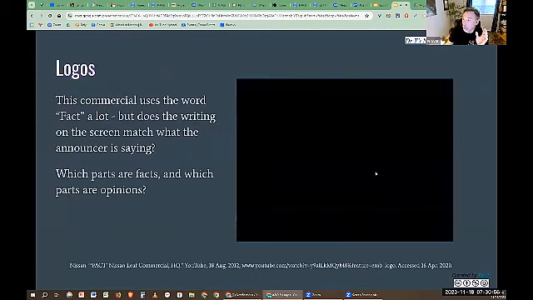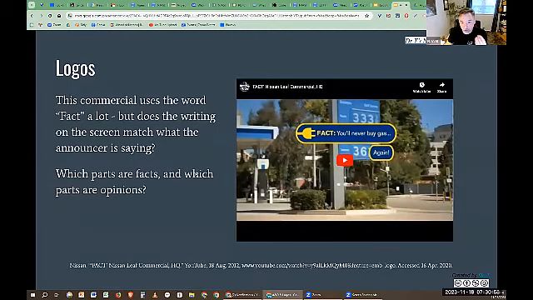So with that in mind, we look at a couple of different commercials. And so there's this Nissan Leaf commercial that really does a great job of helping us see the difference between logical arguments and not logical arguments, because throughout the entire commercial, it shows this pop-up bubble that says fact, and there's a narrator who is narrating.